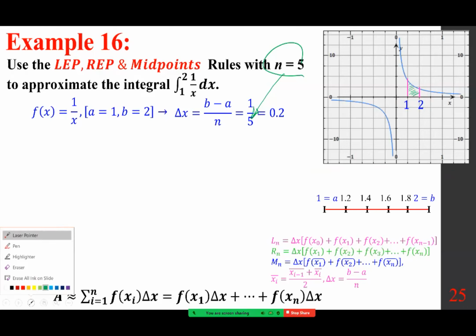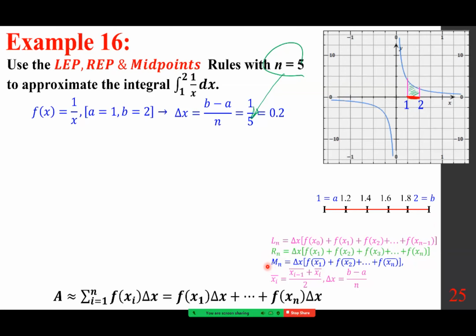Because delta x is 0.2, let's add 0.2: 1.2, 1.4, 1.6, 1.8, and so on. If you follow this, it's a very easy process. So delta x times those are L_n, R_n, M_n. This is the left endpoints, right endpoints, midpoints.